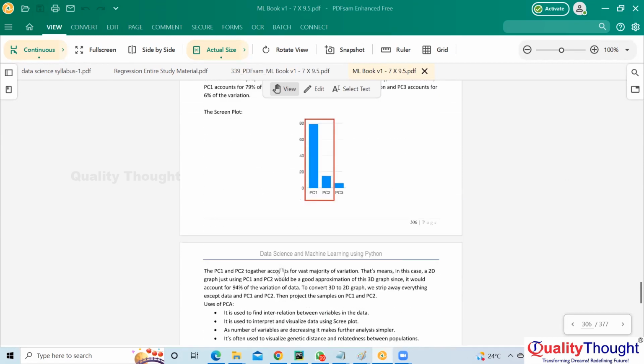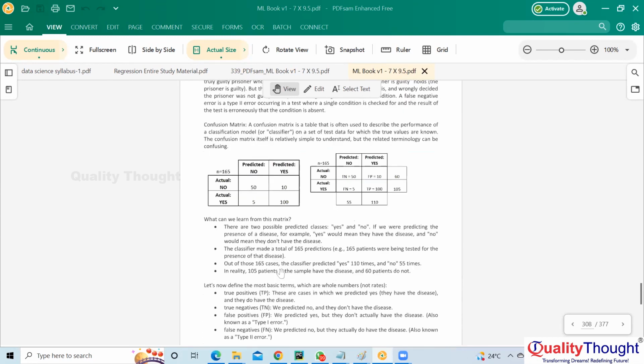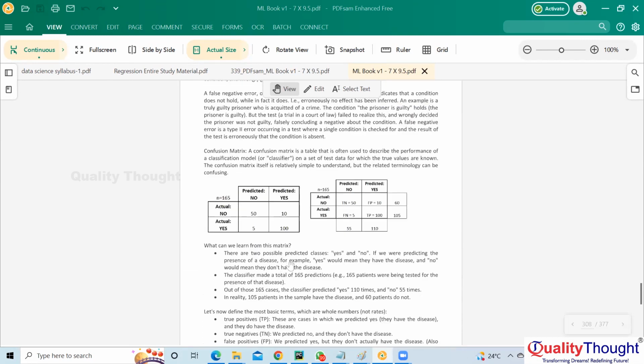The different algorithms. Confusion matrix is the way we evaluate our classification model.